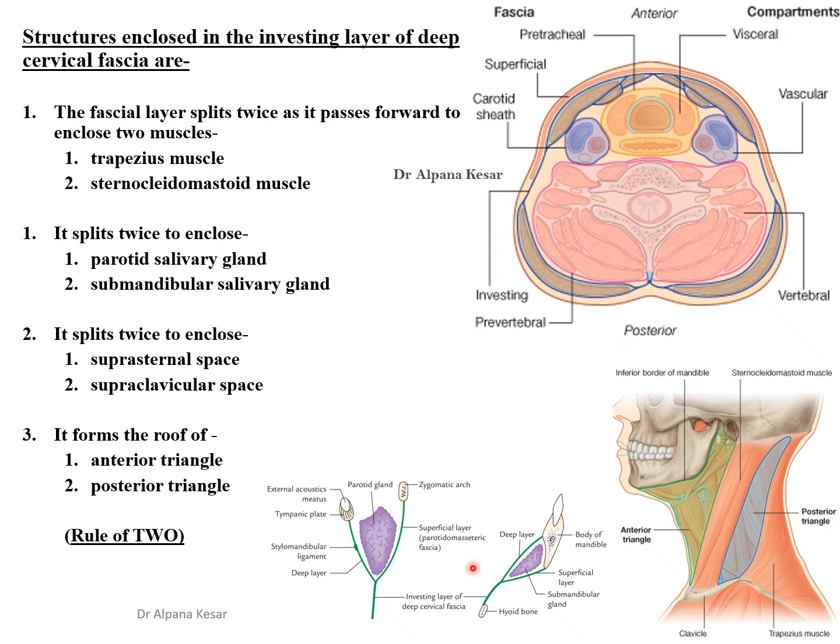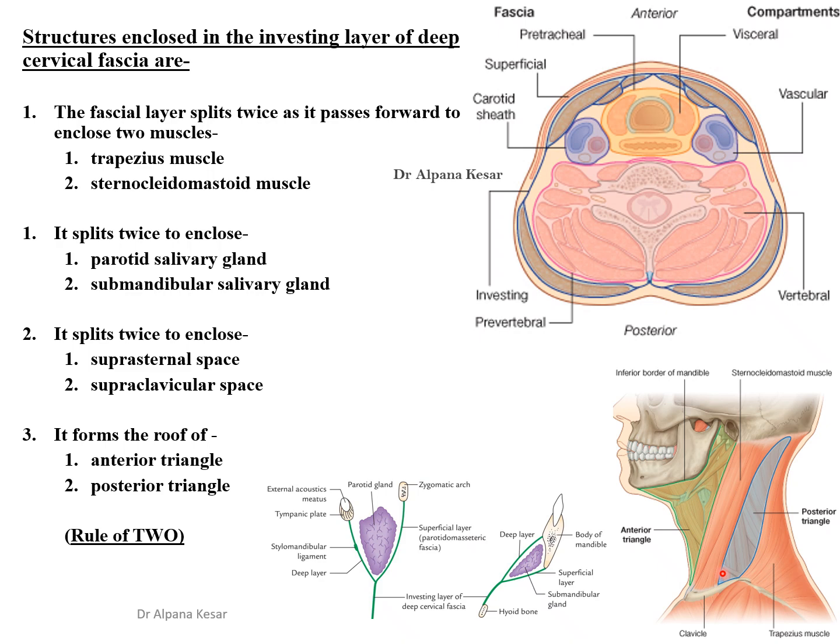It splits again to enclose two glands, the parotid salivary gland, which is present here, and the submandibular salivary gland present here. It splits again to enclose two spaces, the suprasternal space, which is present above the sternum, and the supraclavicular space present above the clavicle.